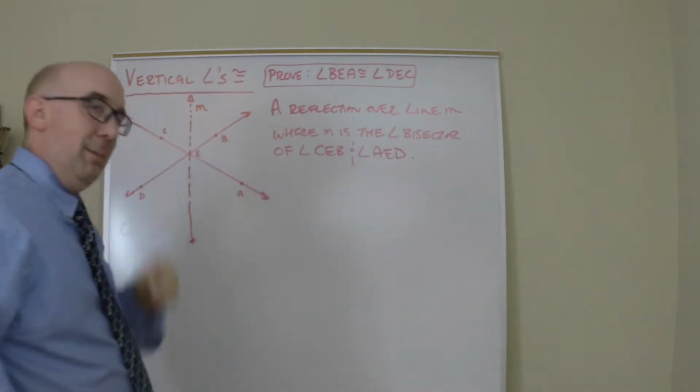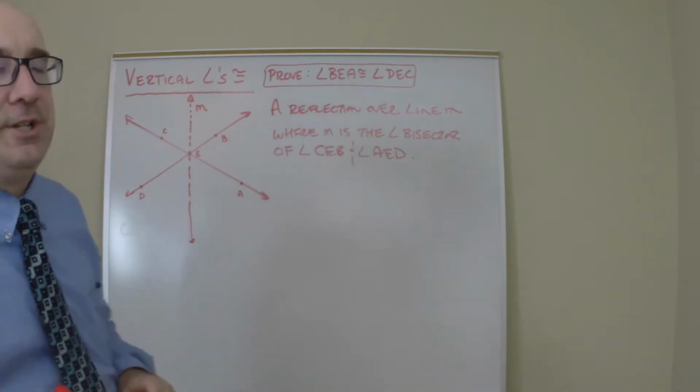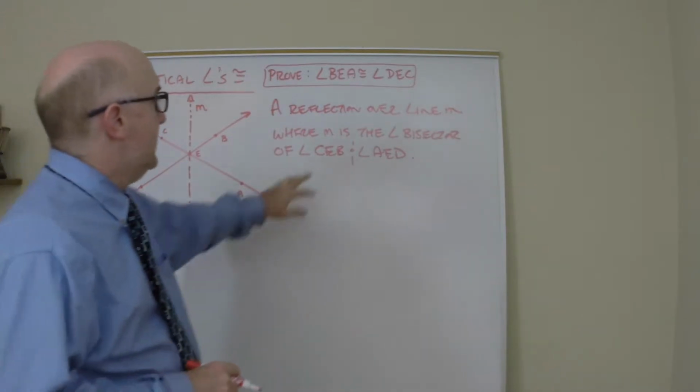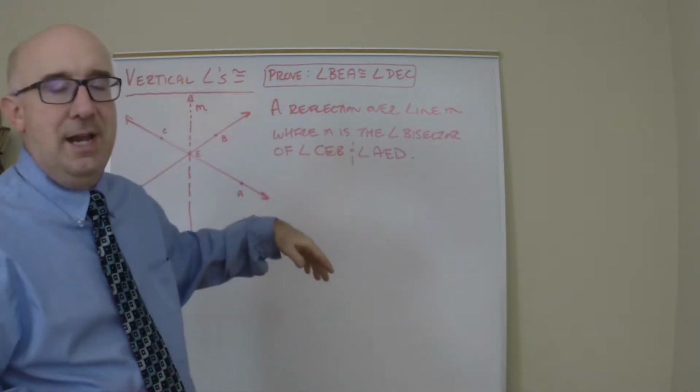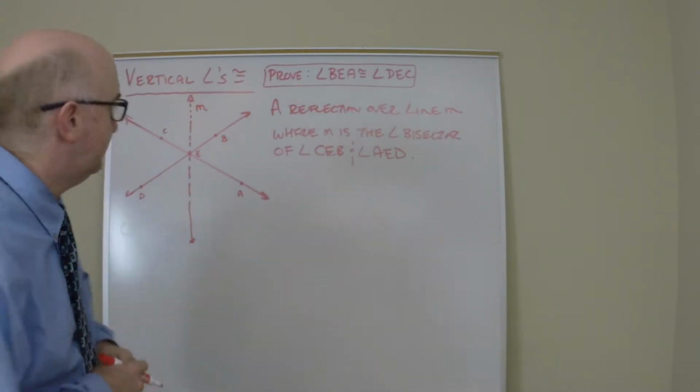So first we establish we're going to do a reflection. That reflection is over a particular line called the angle bisector. Now you might write it this way, or you just might say it's the angle bisector of the adjacent angle, or whatever you want to do.